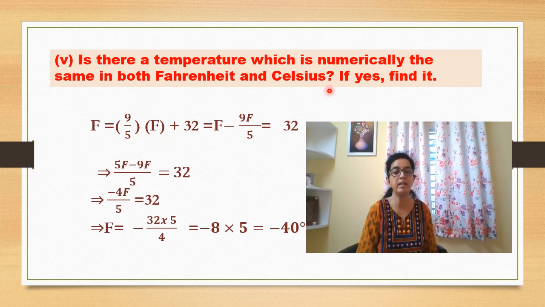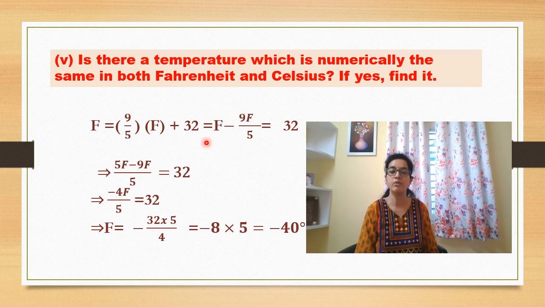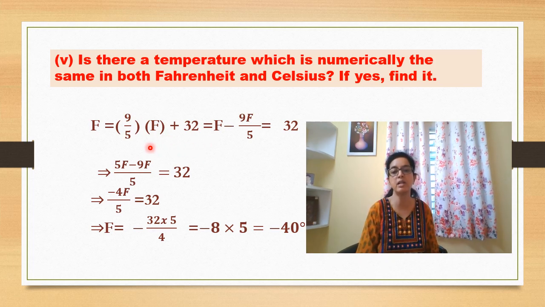The question is saying that if C and F are equal, then why can't I use F instead of C to progress further in the sum? Now this equation is in a single variable, so it will be very easy for us to solve it. Now we will transpose 9 upon 5 F to the LHS. We will get F minus 9 upon 5 F. Now 32 will be in the RHS as it is.